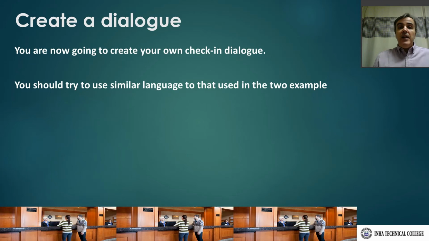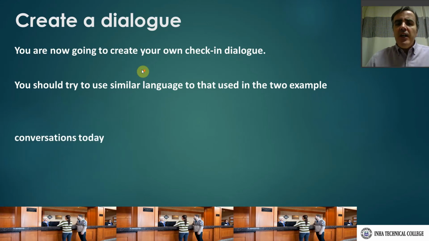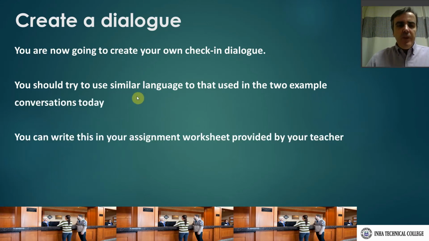So in the dialogue, you can use your own name, or you can make up some names of people. But you need to think about the dates, what floor the room is on. So you're free to create this, but you should try to use similar language to that used in the 2 example conversations.